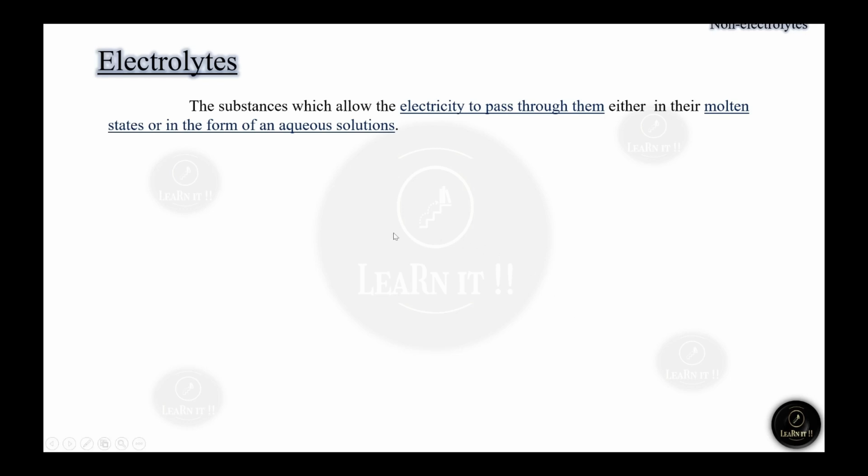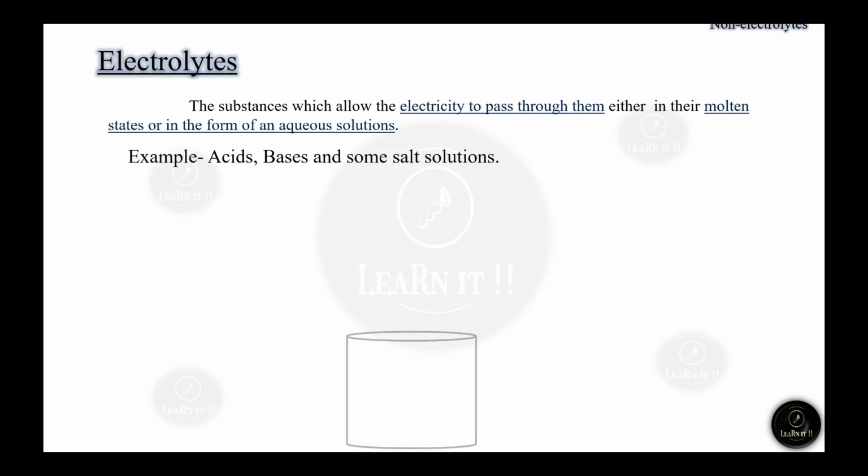It means the substance allows electricity to pass through it, and that substance should be in molten state or in the form of a water dissolved solution. Such a substance is called an electrolyte. Examples are acids, bases and some salt solutions.